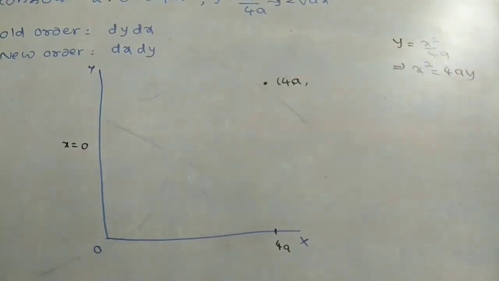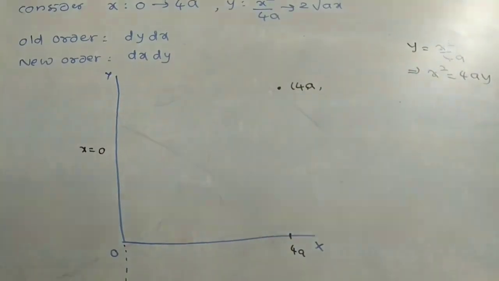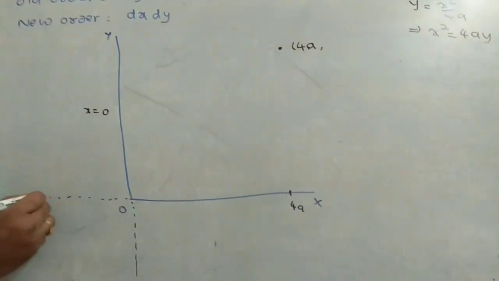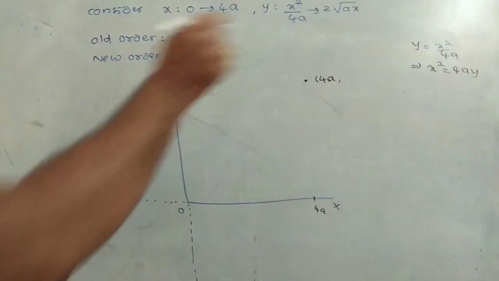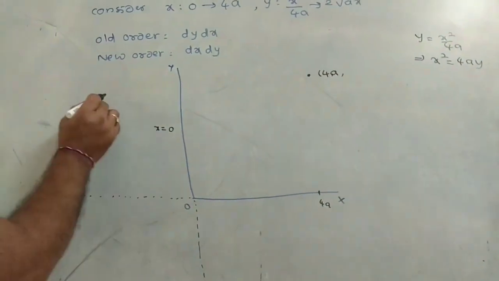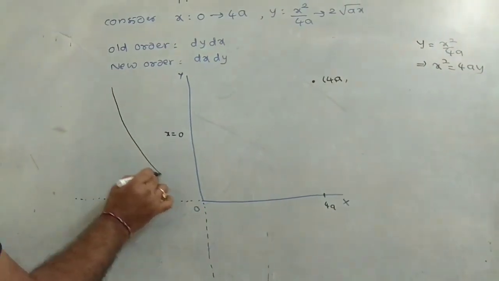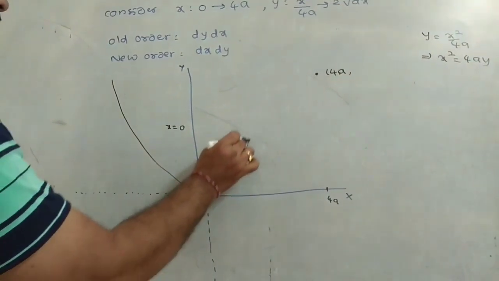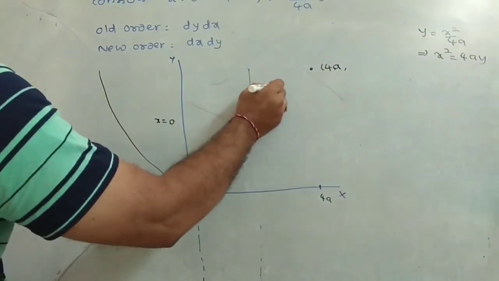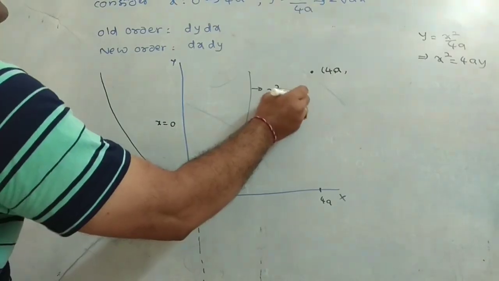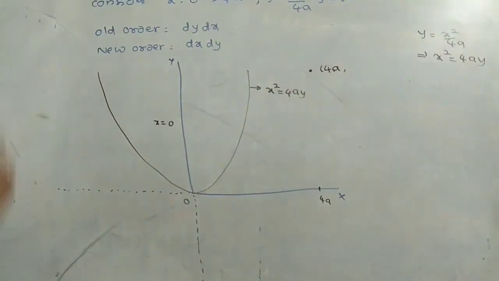What do you mean by symmetric about the y-axis? You just extend this one. It is your graph, you are just extending. Symmetric about the y-axis means you can construct it like this, through x equal to 4a. So this is your x square equal to 4ay.